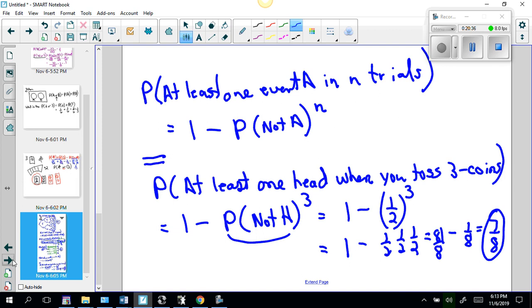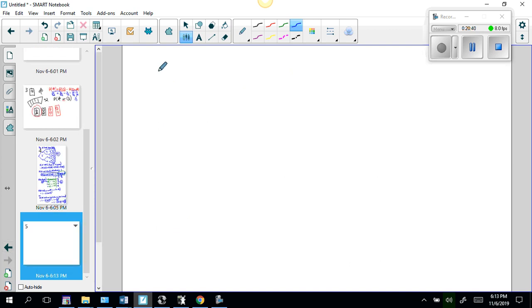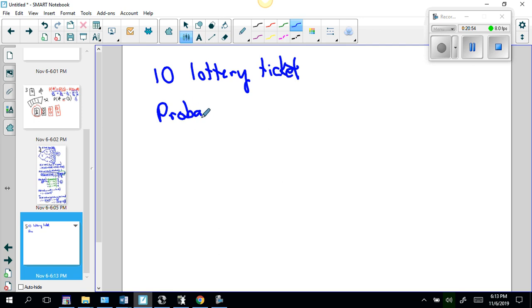So, let's do another. Playing lotto. You purchase 10 lottery tickets. So the probability of a win is 1 in 10.